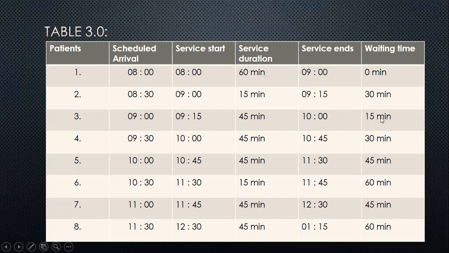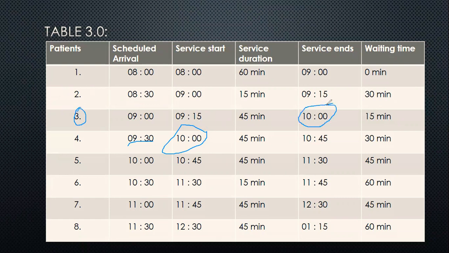So coming towards the next patient, who comes at 9:30. Wait a second, I will write something. He comes at 9:30, and his service starts at 10. Why does his service start at 10? Because the previous patient, patient number 3, his service ends at 10.